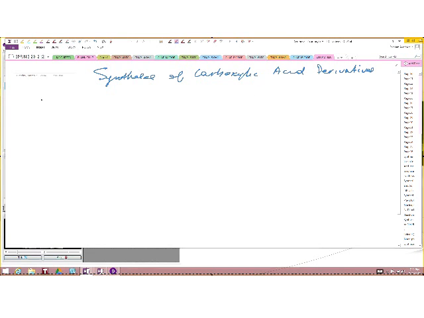So I am going to start with the acid halide, specifically the acid chloride. Of the acid halides, the acid chloride is probably the most useful, so that is where our focus will be.